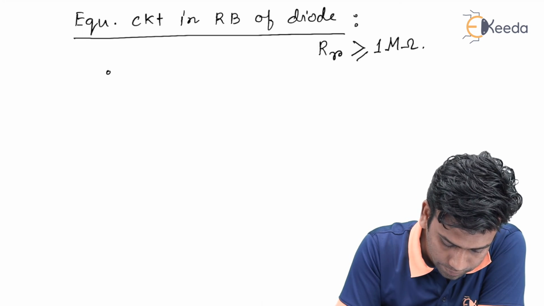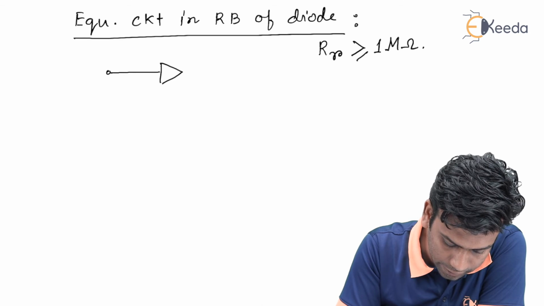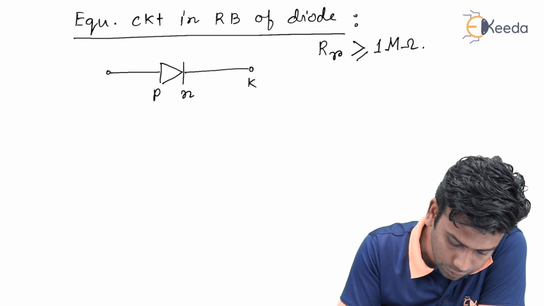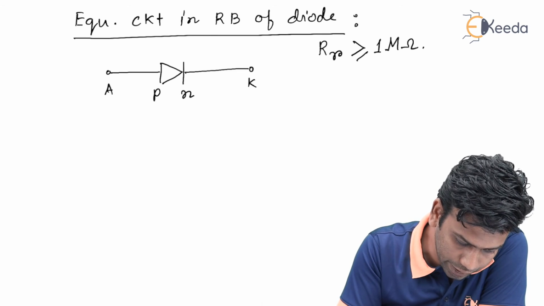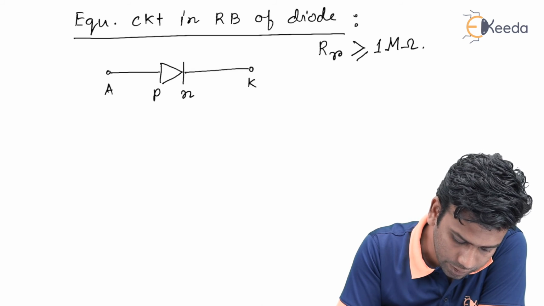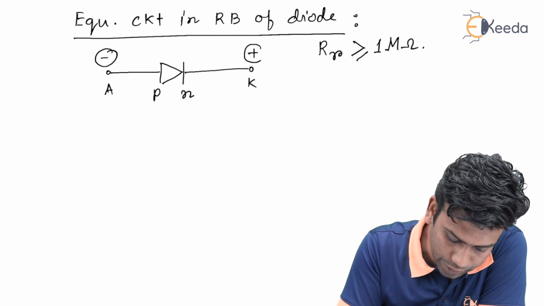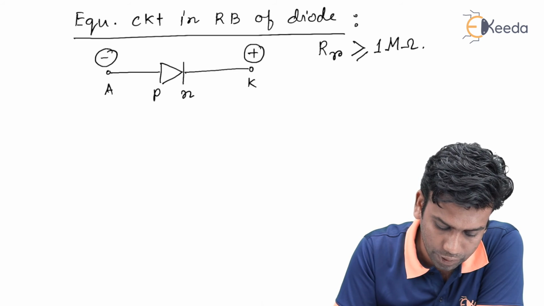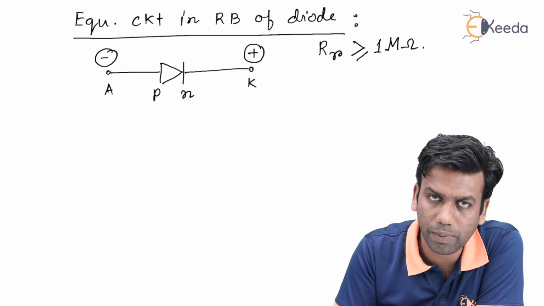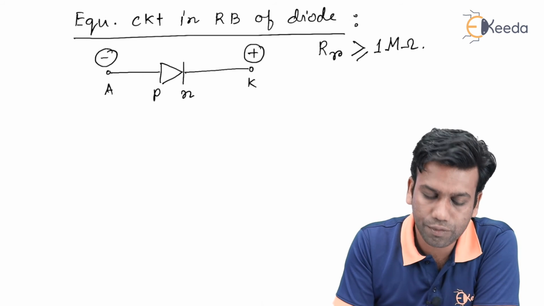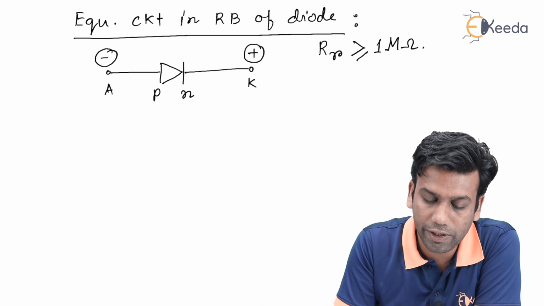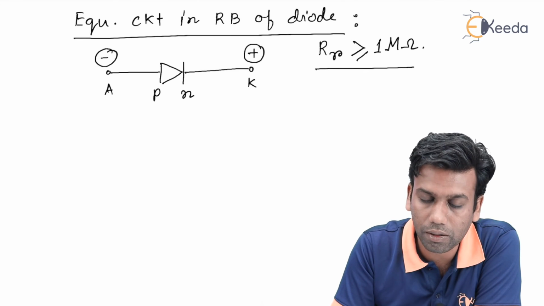It is connected in this fashion: PN, this is the cathode, this is the anode, and a negative potential has been applied here and a positive potential here. So it is the reverse bias mode of the diode, and a very small amount of minority current will flow across the diode. That is why the diode resistance in the reverse bias section will be very high, of the order of 1 megaohm.